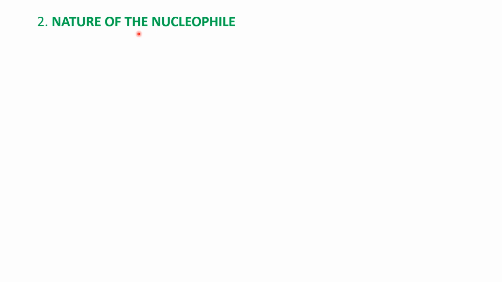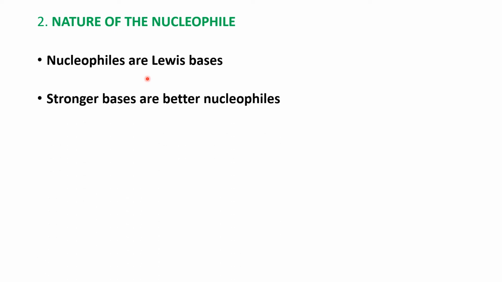Another factor is the nature of the nucleophile. Nucleophiles are Lewis bases, which means they have a negative charge. So the stronger bases are better nucleophiles. Here you can see CH3 minus greater than NH2 minus greater than OH minus greater than F minus.